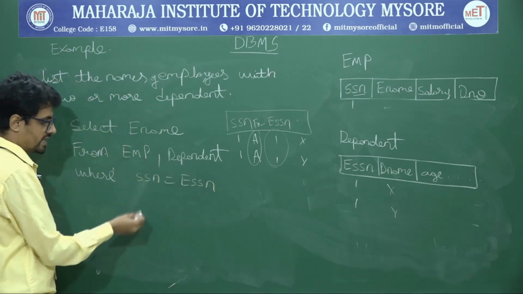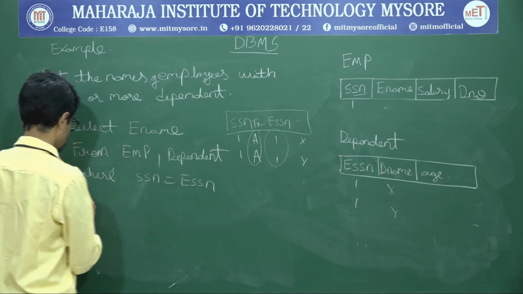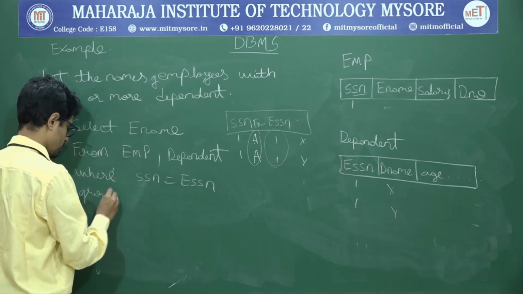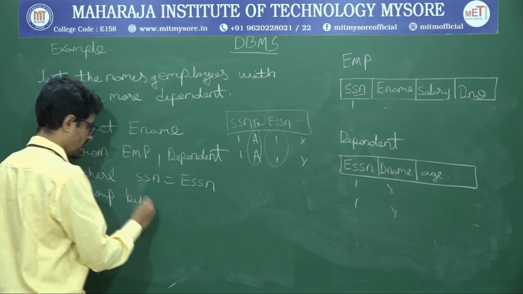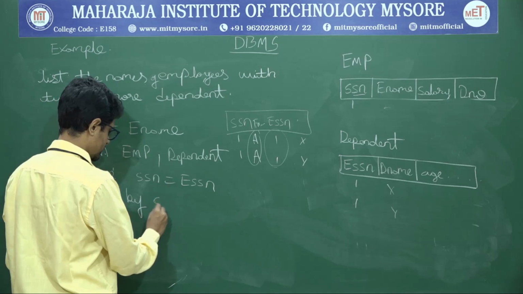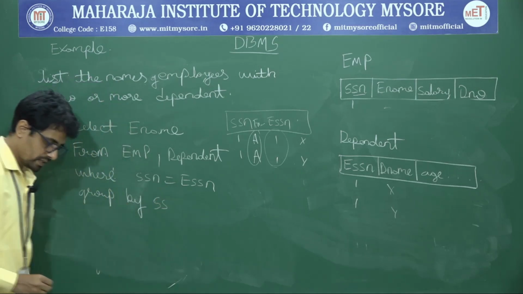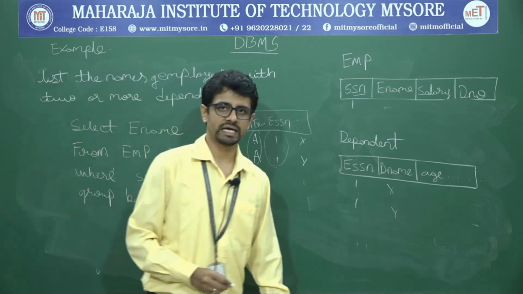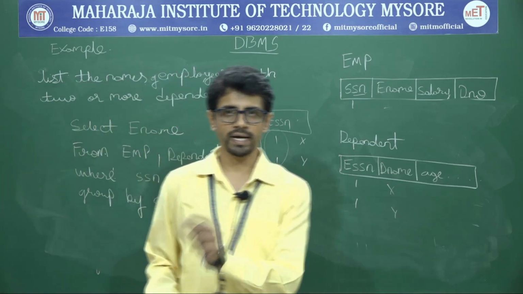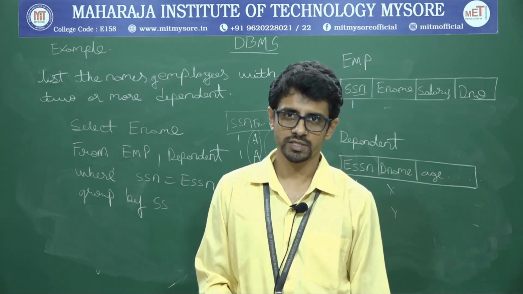You can see I have not used any aliasing because these 2 have different representations, so no need for aliasing. Next, group by. Group by on SSN or ESSN, both are fine, but whenever you use a group by attribute, the same attribute should be present in the select clause also. Is it so?